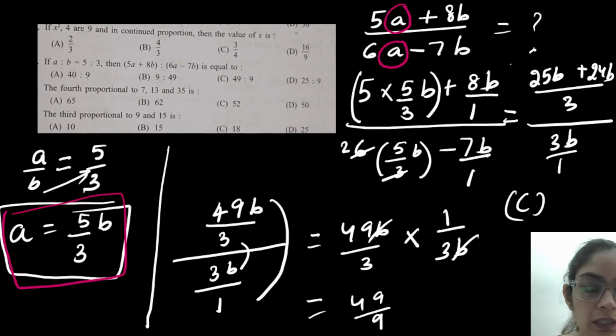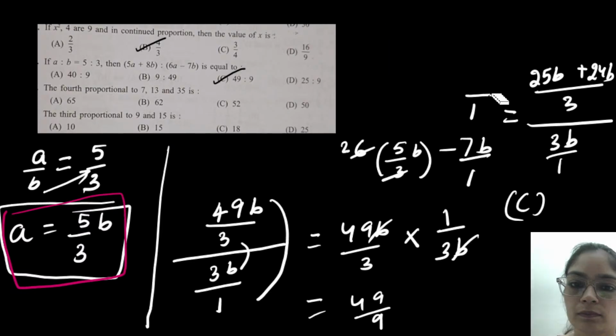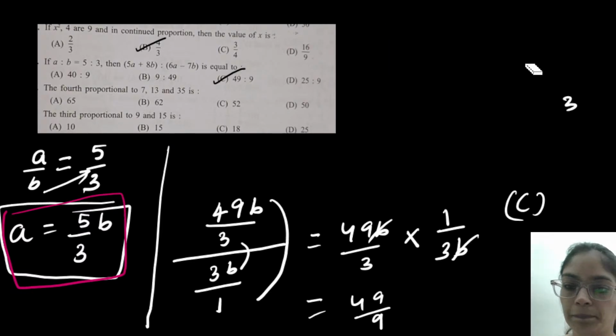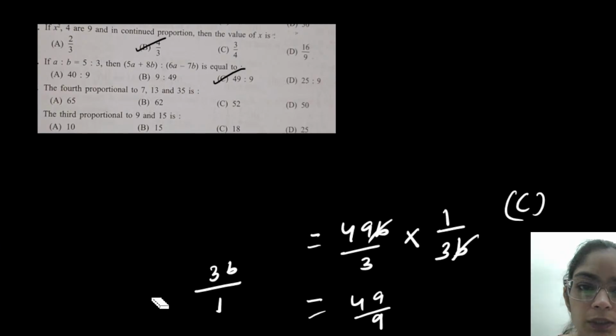Let's do the next question now. The first two we have done. I'll just mark them: this was 4 by 3 and this is 49. So the third one we have to do. We have to find the fourth proportional.